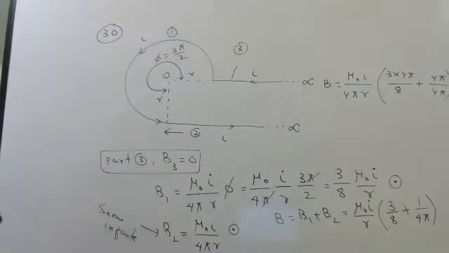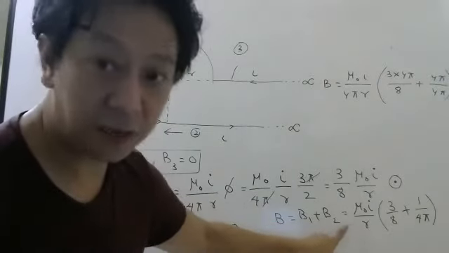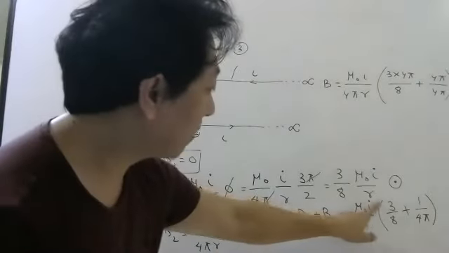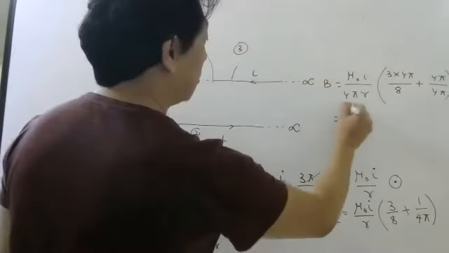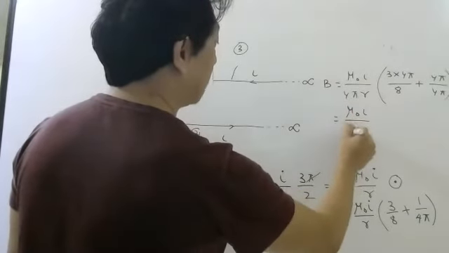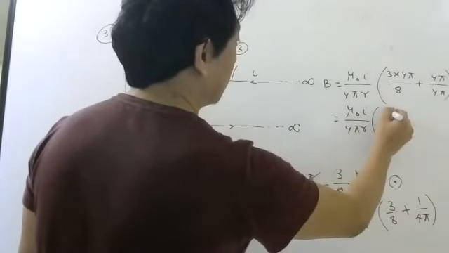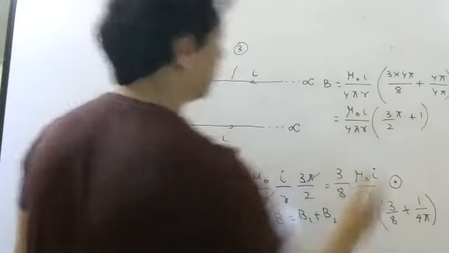Okay, students. So if I multiply by 4 pi, I have to divide by 4 pi. If I divide by 4 pi, I have to multiply by 4 pi. So you put 4 pi inside this and inside this. So it will be mu naught I divided by 4 pi R times 3 by 2 pi plus 1.